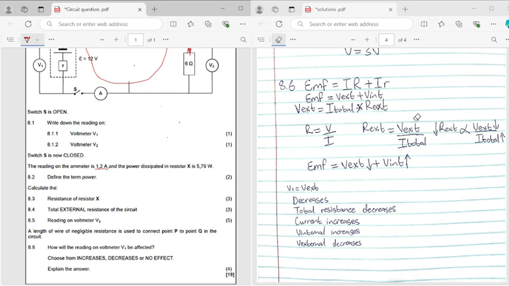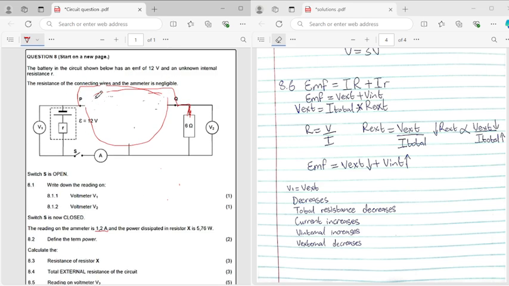So when using R equals V over I, when external resistance decreases, the external voltage will also decrease, since they are directly proportional, and the total current will increase. Remember that when the circuit is connected, V1 reads the external voltage.